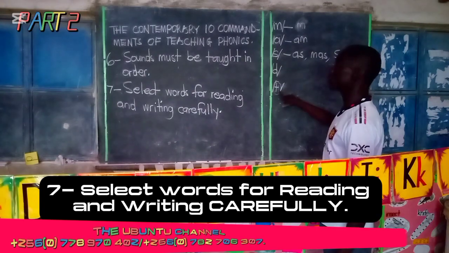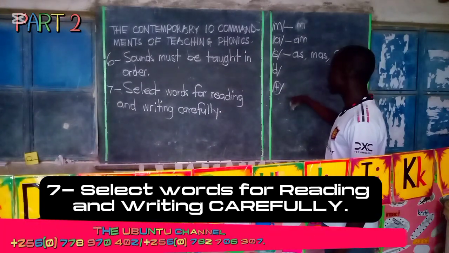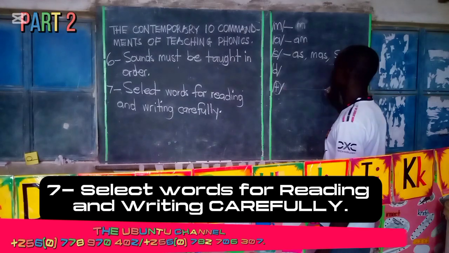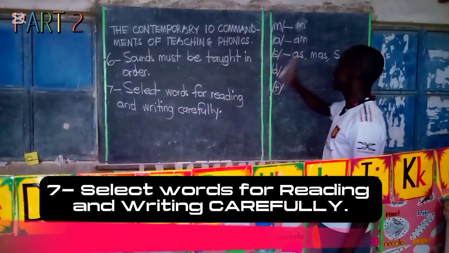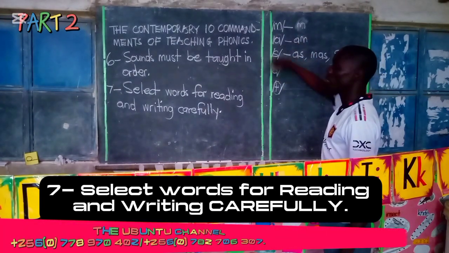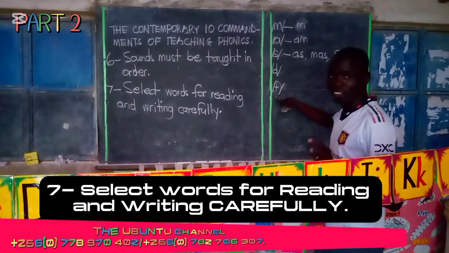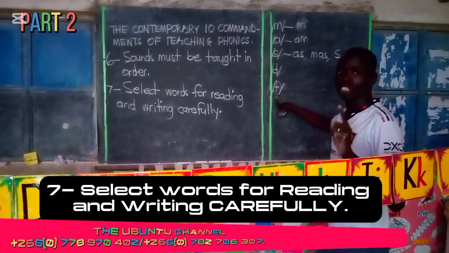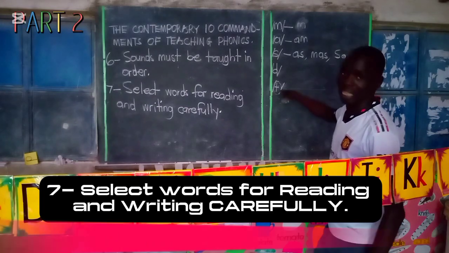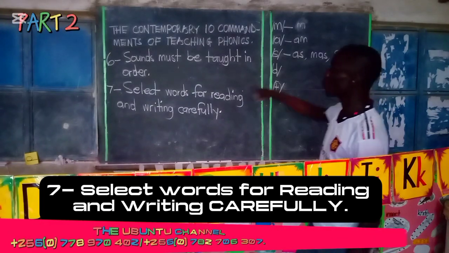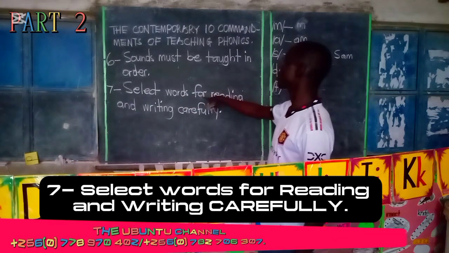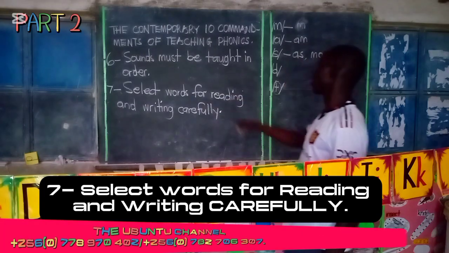Now, when you're teaching this last sound, make sure the words that you select out of this sound have only the sounds learned. Any sound that comes after must not be included in this class. That is why we are saying select words for reading and writing carefully.